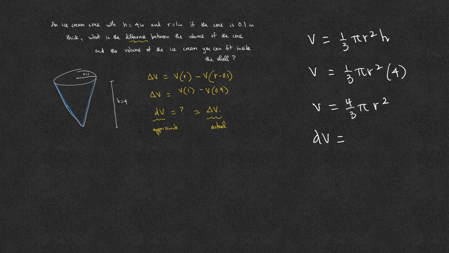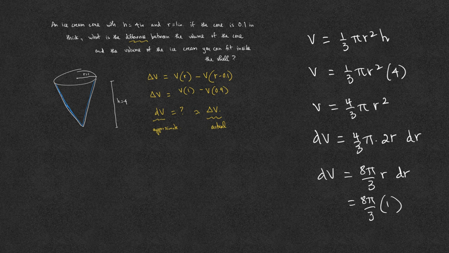dV is 4/3 pi 2r, and don't forget dr after the derivative. This is 8 pi over 3 r dr. But what is r? r is 1 in this case, so we plug in 1 into r.